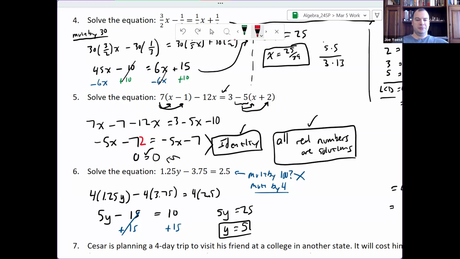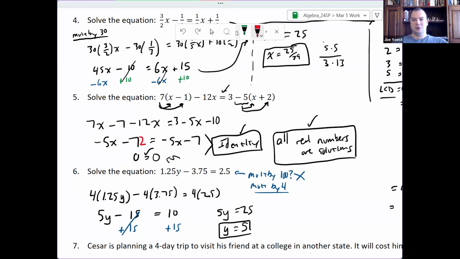I can see that because whatever number I put in for x, if I do negative 5 times that number, that's going to be a certain number. If I take that same starting point on the number line, and on one hand I subtract 7, and on the other hand I subtract 72, in one case I go to the left 7 units. In the other case, I go to the left 72 units. I'm clearly always going to end up at a different place, regardless of where I started from my negative 5x term.